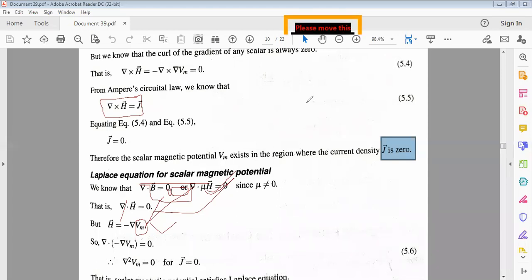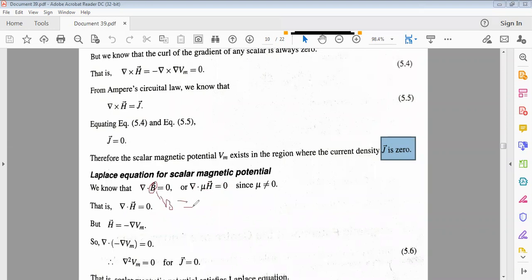What is meant by B here? In general, what is the relation between B and its medium constants? B equal to mu H, where mu equal to mu naught into mu r, right? From del dot B equal to 0, B is replaced with mu H, then del dot mu H equal to 0.